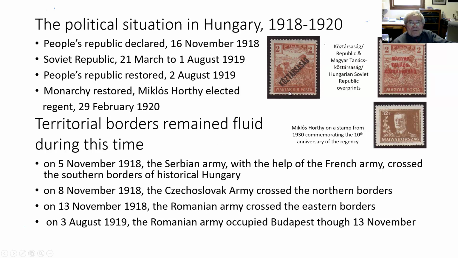And as everybody knows, here are a few examples of stamps from the Republic, from the Soviet Republic, and the Regency. What's interesting, in the Regency, the country had officially been declared a kingdom, and Karoly made 2 attempts to regain his throne in 1920 and 21. It was interesting that the successor states, Czechoslovakia primarily, were dead set against any Habsburg restoration.